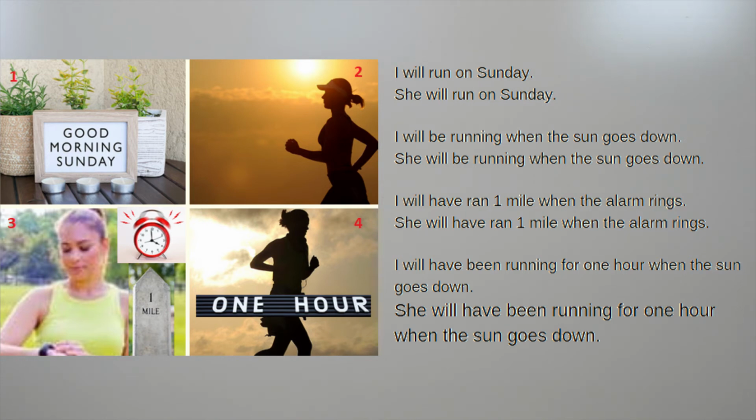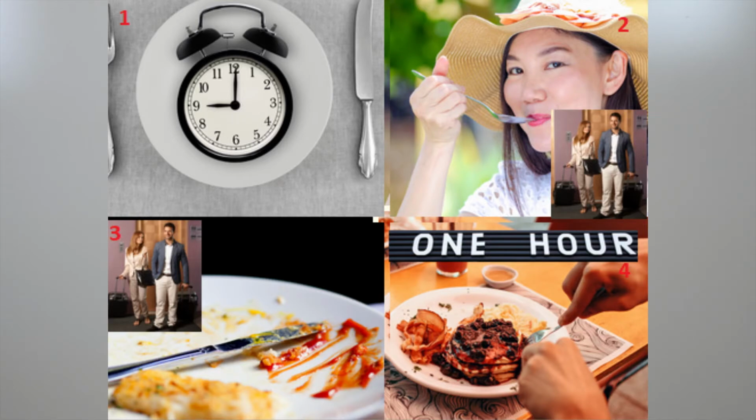How'd you do? I bet you did great. But let's do another series of pictures to just practice one more time. So now you see another series of 4 pictures. Do the exact same thing, but now you're going to use the verb eat. In the first picture, use the verb eat in a sentence with the future simple.